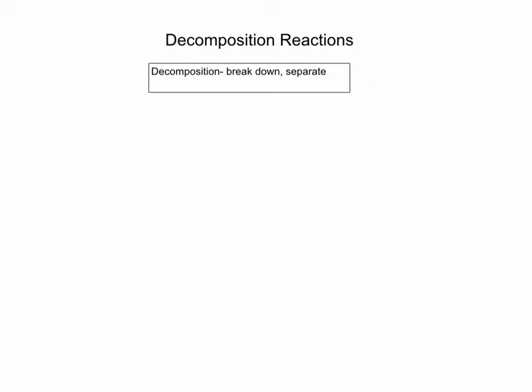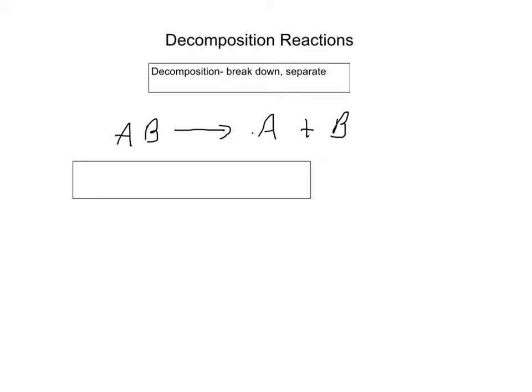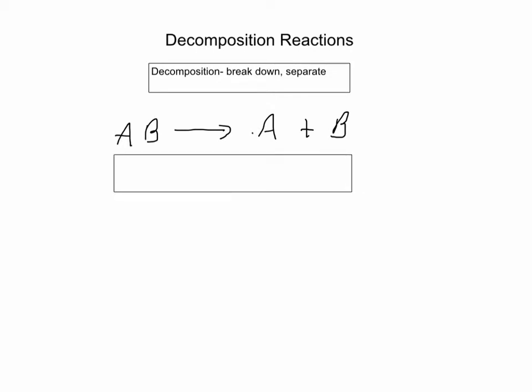The way you can identify a decomposition reaction is that you will have a compound, such as AB, and it's going to break apart into 2 components, A plus B. So we have one thing breaking into 2 things, and often we are talking about a compound breaking into the elements that make it up.